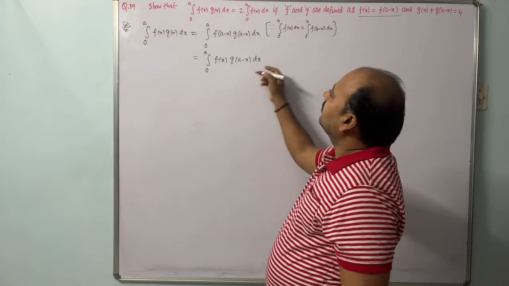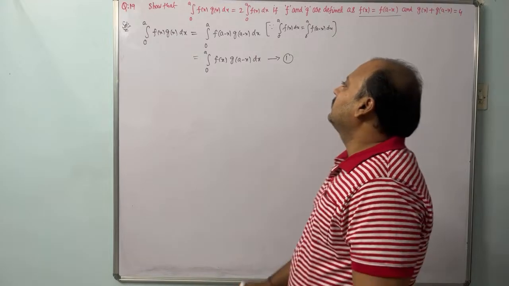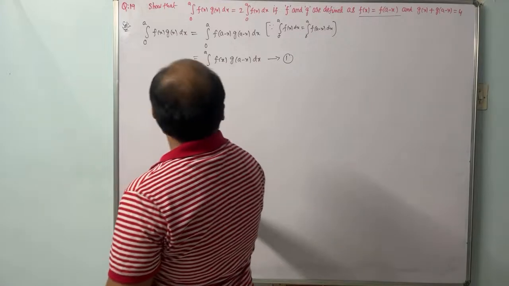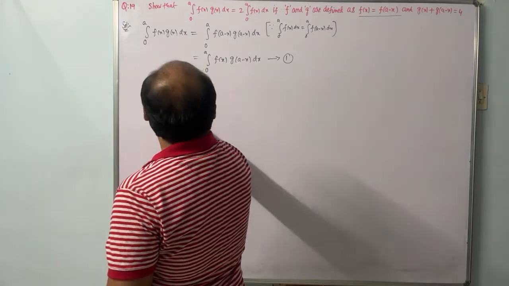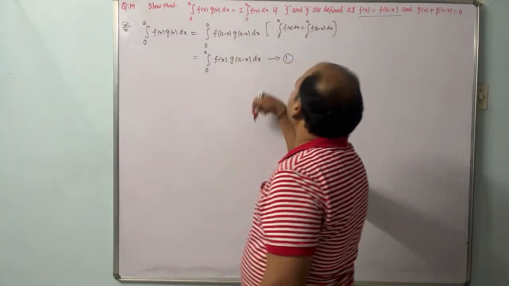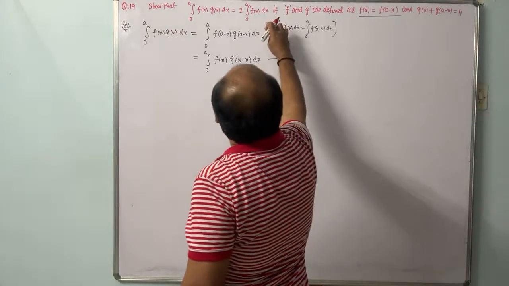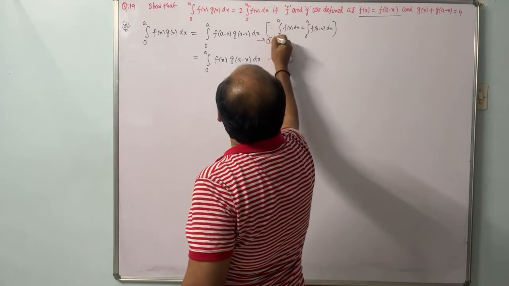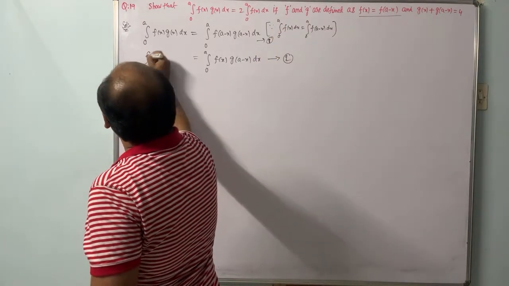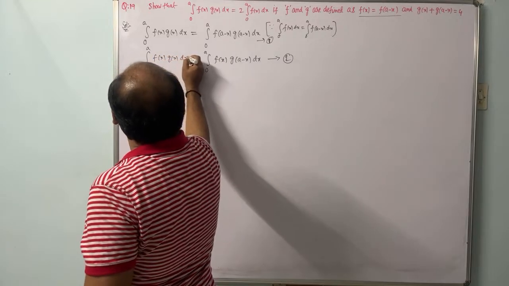Okay? I put that as equation number 1: integral 0 to a f of x g of a minus x into dx. This is equation number 1. This is 2, dear students: 0 to a f of x into g of x into dx.